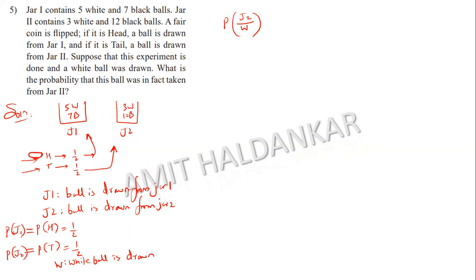So indirectly has given me P of J1 and P of J2 only. So to find P of J2 by W, I will take the sample space P of W, and I'll take the intersection of J2 intersection W.